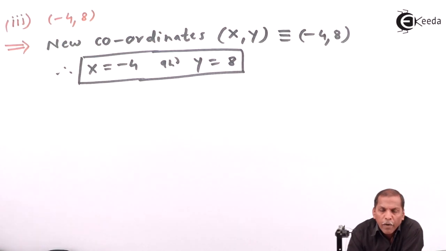So in this way, we get the value of capital X equal to -4 and capital Y equal to 8.